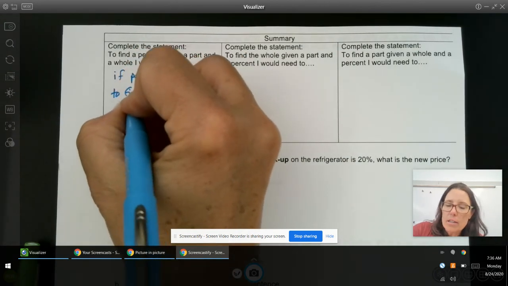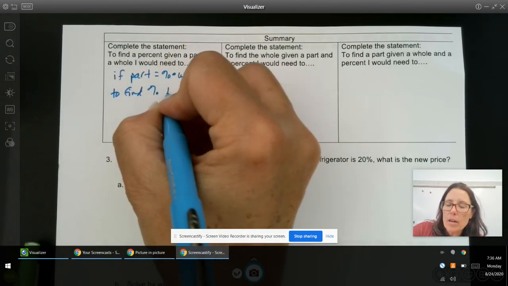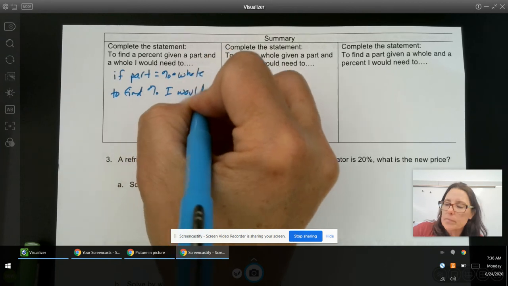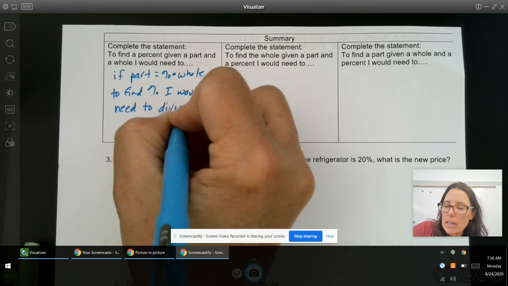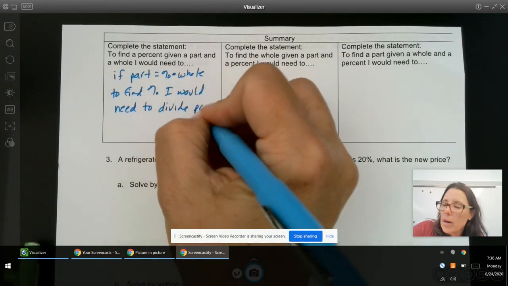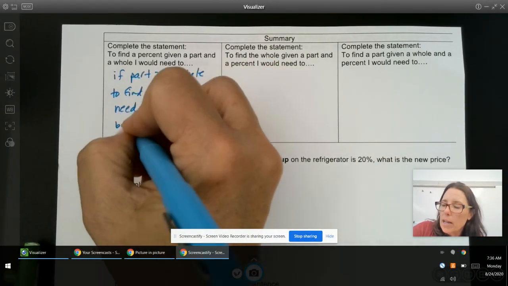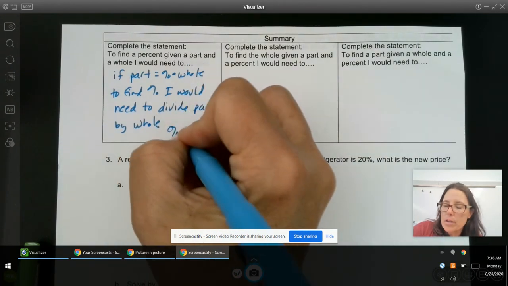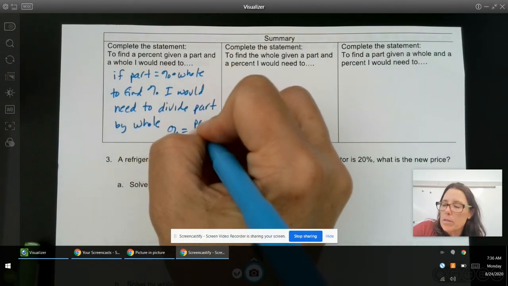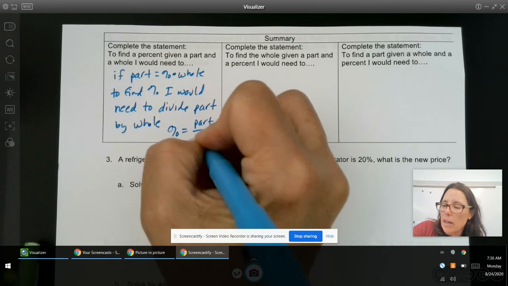To find percent, I would need to divide the part by the whole. So percent equals part divided by whole.